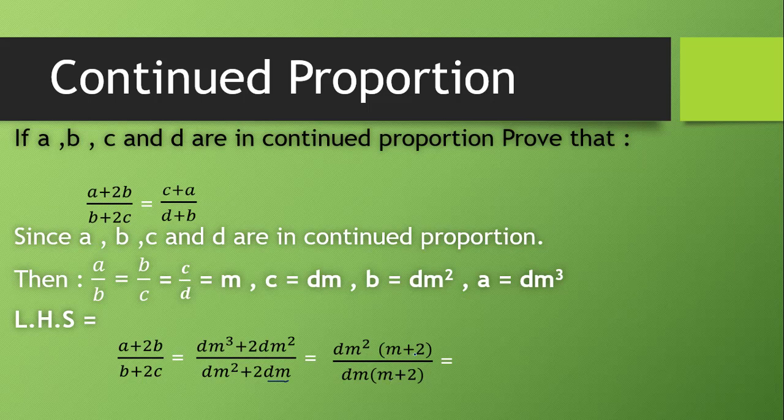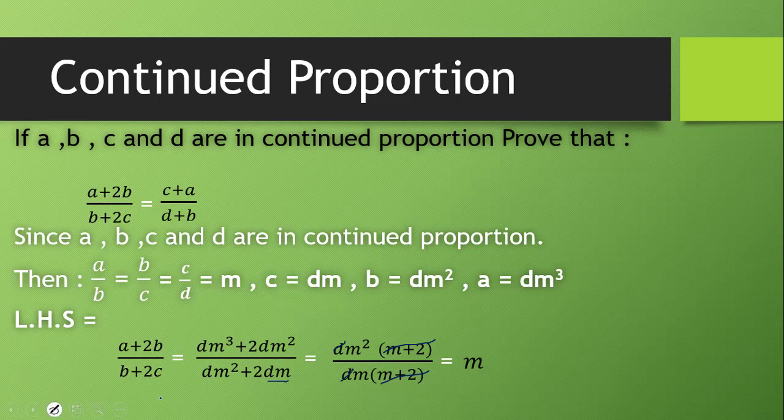Now I can simplify m plus 2 with m plus 2, and d with d, divided d equals 1, and m plus 2 divided m plus 2 equals 1. And here m power 2 divided by m, I subtract powers, so it will be m power 1 or m. So the left hand side is m.